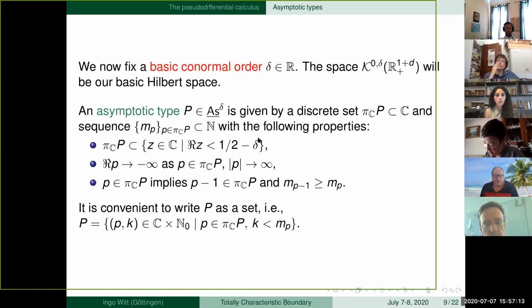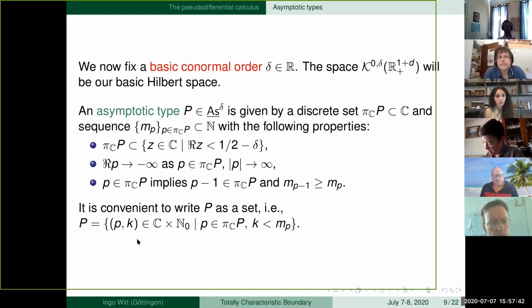Here we see this delta, and the real parts of p go to minus infinity as modulus of p goes to infinity. This is due to the fact that we write the exponent as negative p. And then the third condition, which is listed here, is needed to get coordinate invariance.